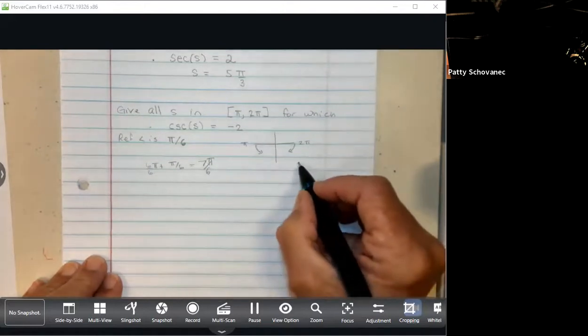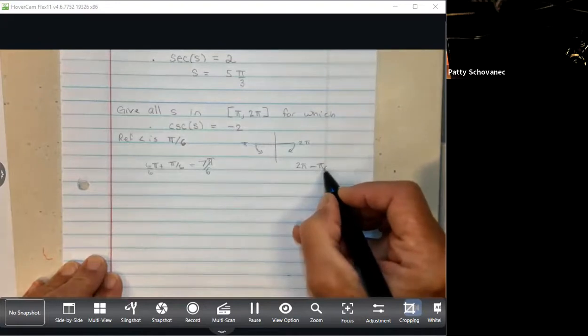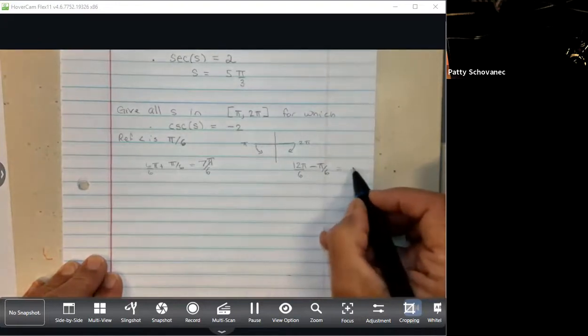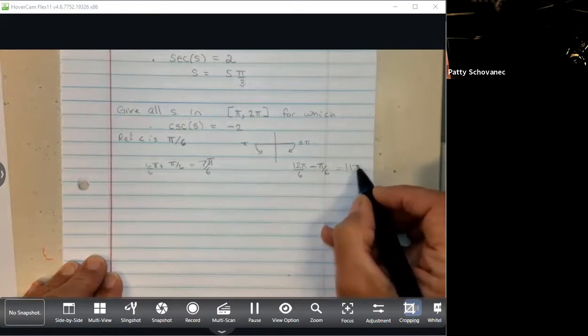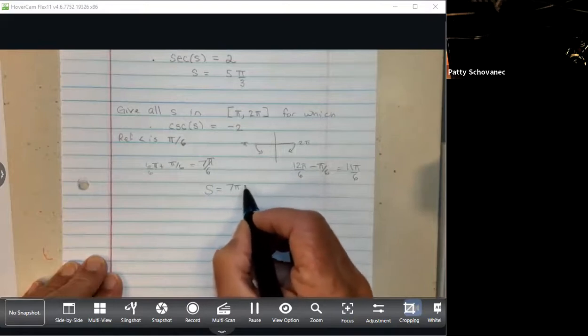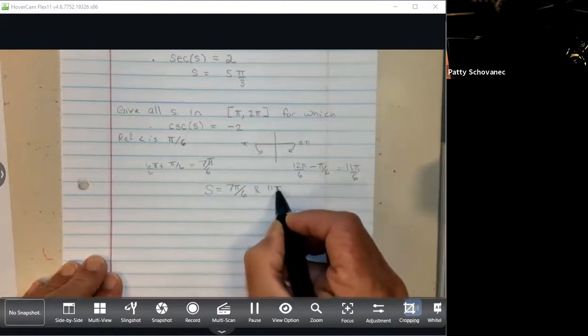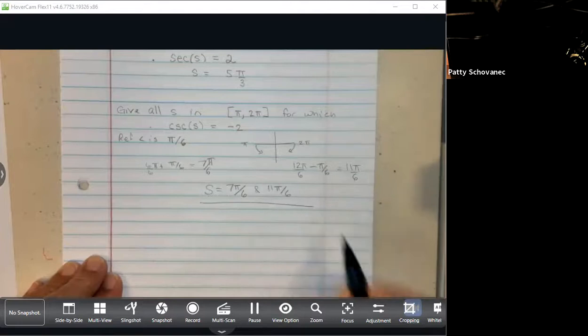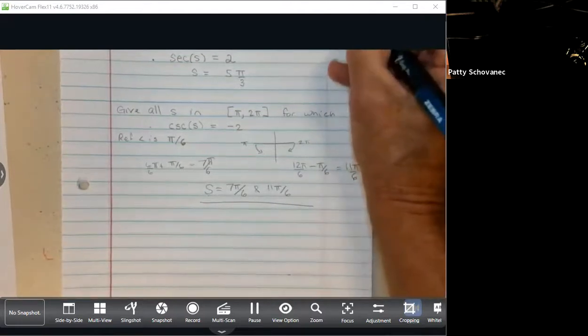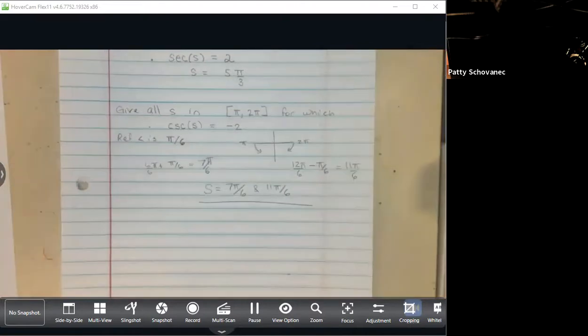And 2 pi minus pi over 6, 2 pi is 12 sixths minus 1 sixth gives me 11 pi over 6. So those are my 2 values of S. Okay? Is that too fast?